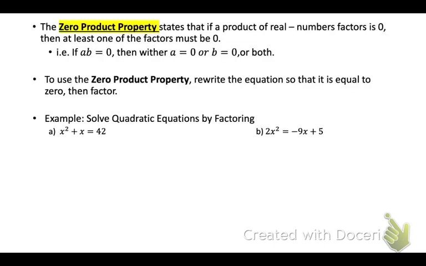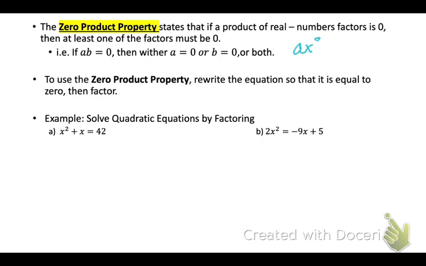Okay, zero product property states that if the product of real number factors is 0, then at least one of the factors must be 0. I.e., if A times B equals 0, then either A or B is 0. So when I'm saying A's and B's, what am I talking about?